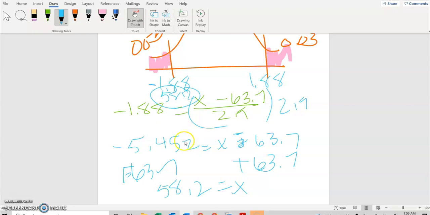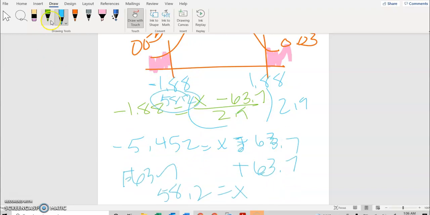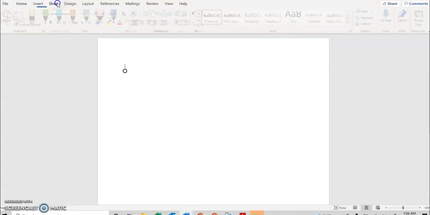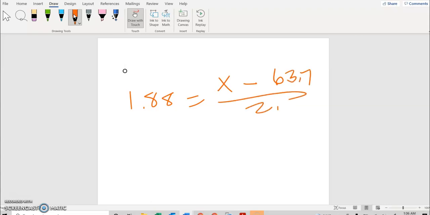Now I'm going to do the same thing for the other one. So 1.88 equals x minus 63.7, over 2.9.